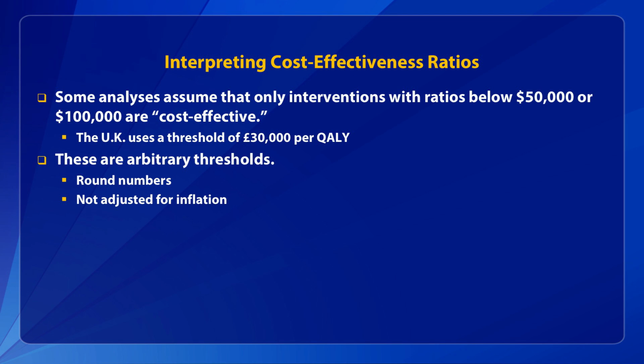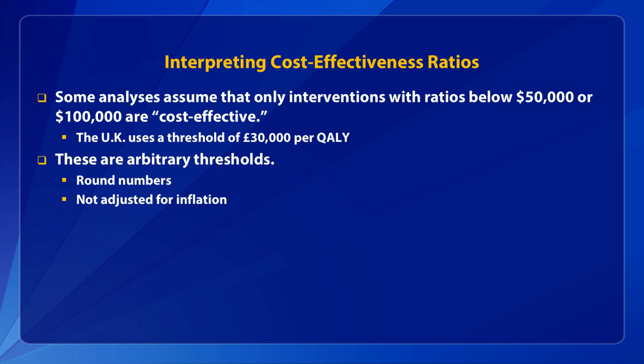Unlike in benefit-cost analysis, where the summary measures are objective, cost-effectiveness analysis results in a subjective summary measure. The policymaker must still determine the threshold below which an intervention is considered cost-effective and above which an intervention is not considered cost-effective. Some arbitrary thresholds have been set in both the United States and the United Kingdom.